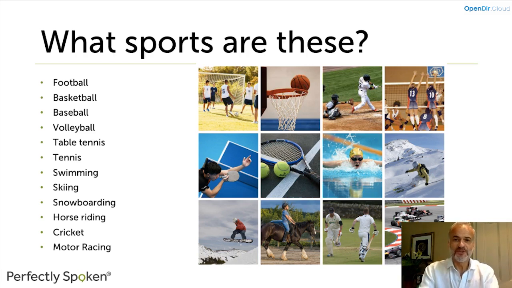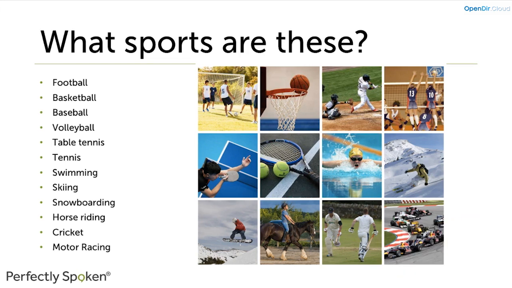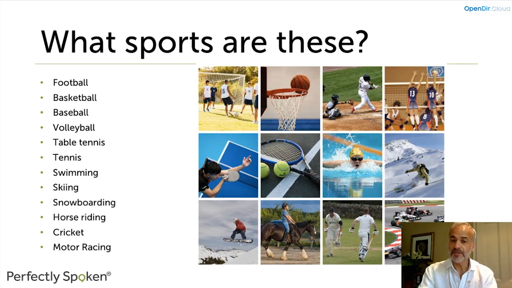We've got football, basketball, baseball, volleyball, table tennis, tennis, swimming, skiing, snowboarding, horse riding, cricket, and where I am, motor racing. Okay? Now, so again, listen, go back, repeat, practice.